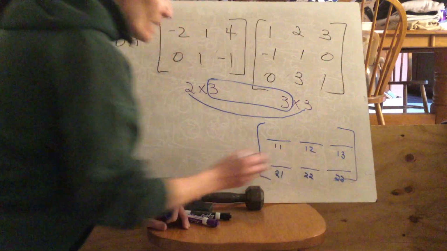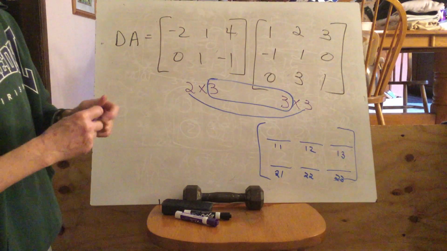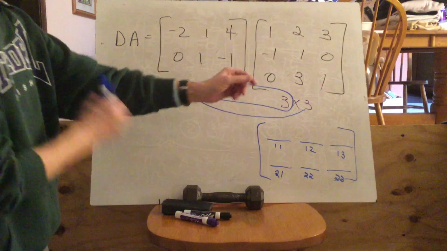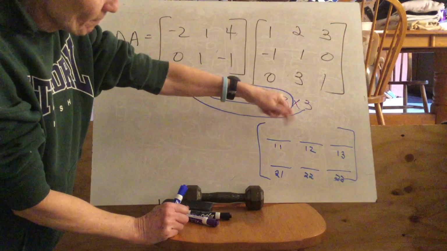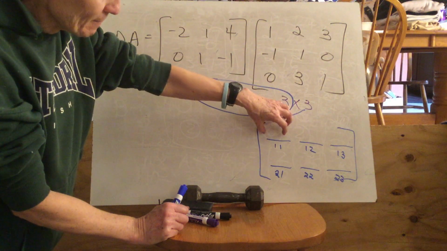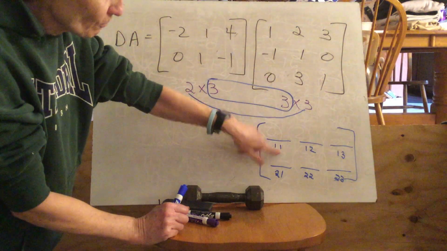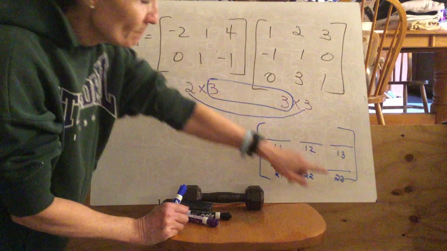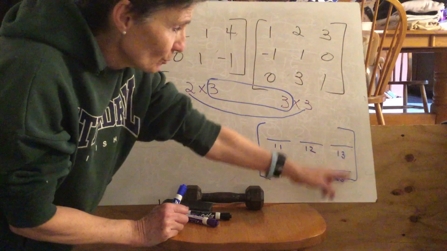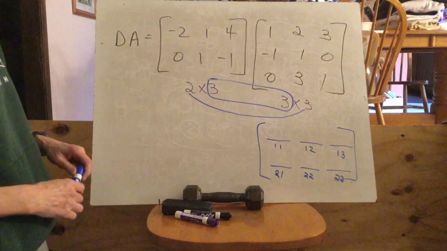So again, where am I getting these numbers? I am identifying the position within the matrix. So this number right here, whatever it turns out to be, is in the first row, first column. This one is in the first row, second column. This one is in the second row, third column, and so on.